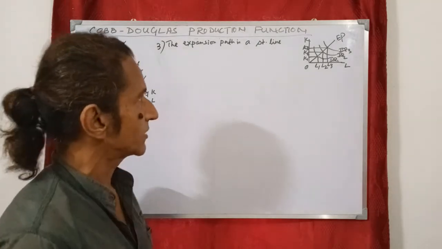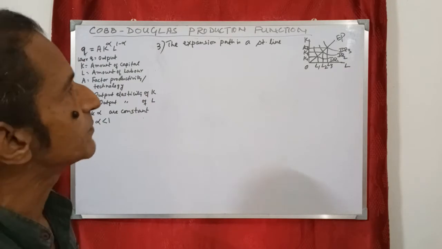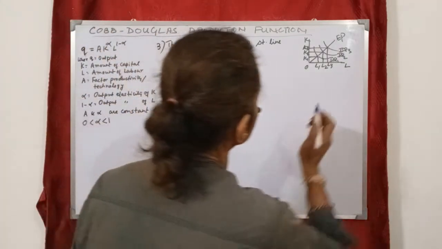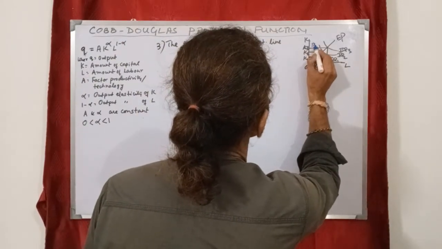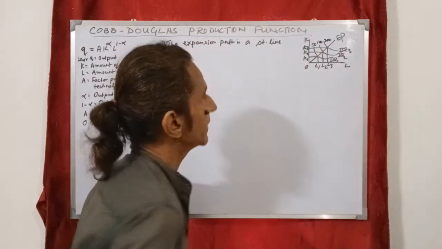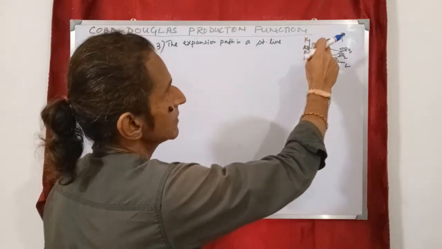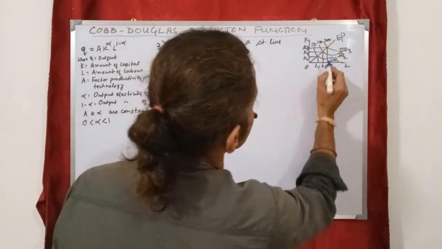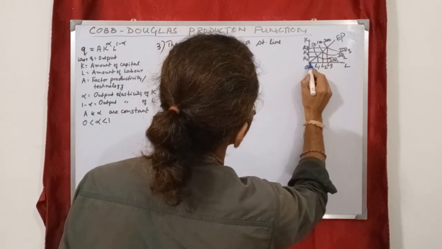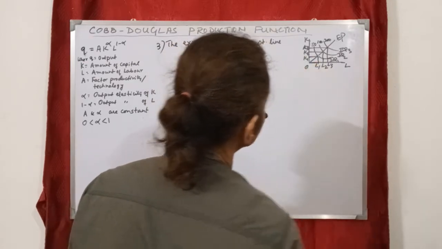Now in case of Cobb-Douglas production function, since it is homogeneous of degree 1, that is, if inputs are increased by beta times, then output will also increase by beta times. Then suppose this is 50, this is 100, this is 200, right? IQ1, IQ2 and IQ3. 50 means 50 units, 100 units and 200 units, the output level. For 50 units, OL1 is the amount of labor, OK1 is the amount of capital.